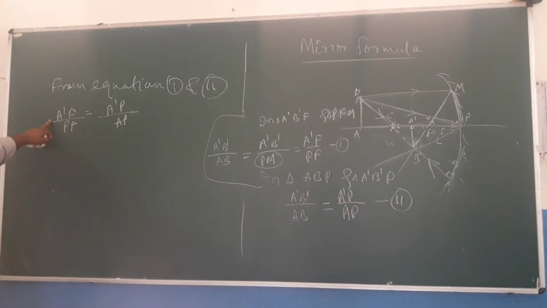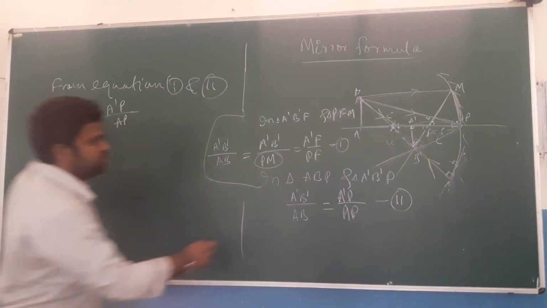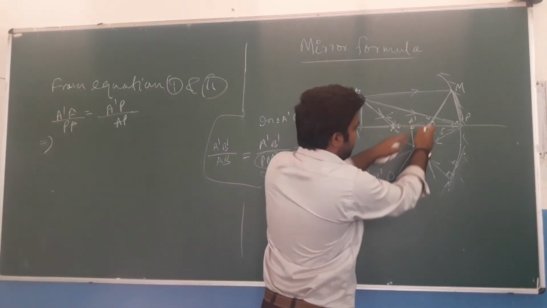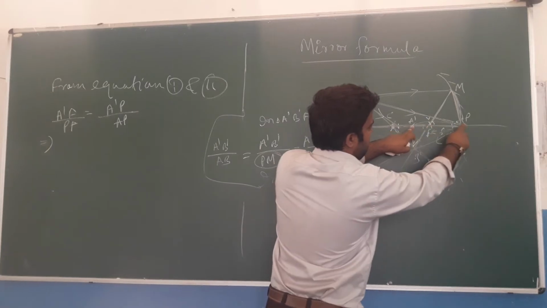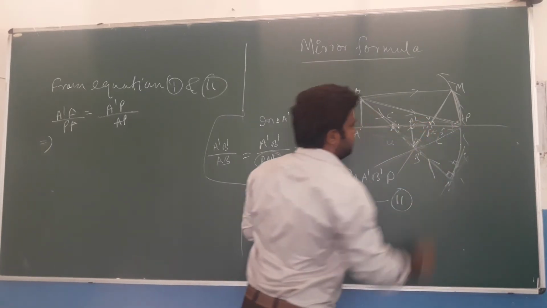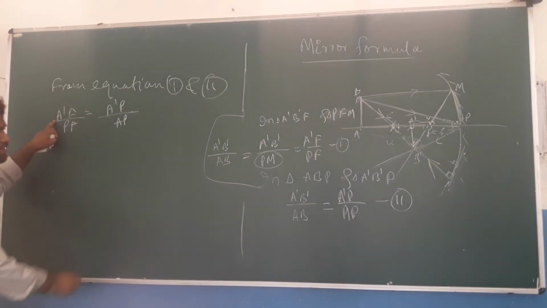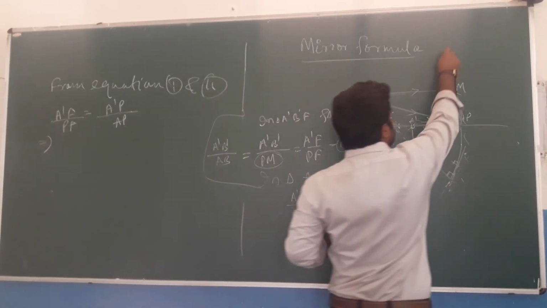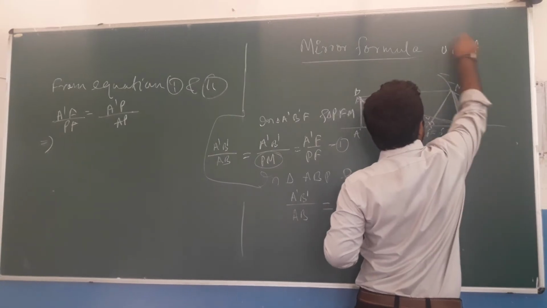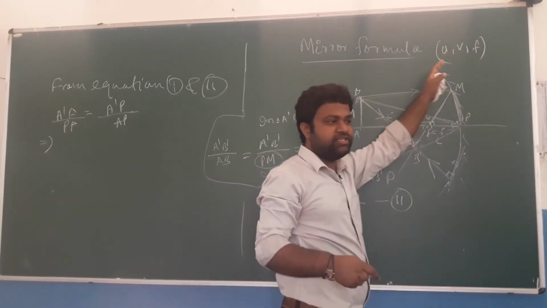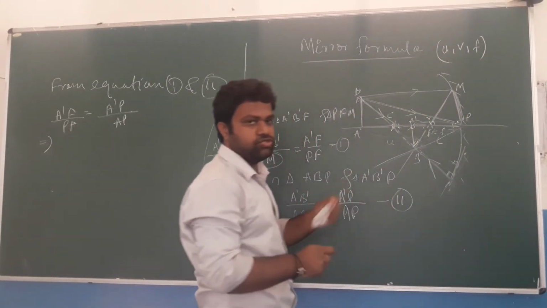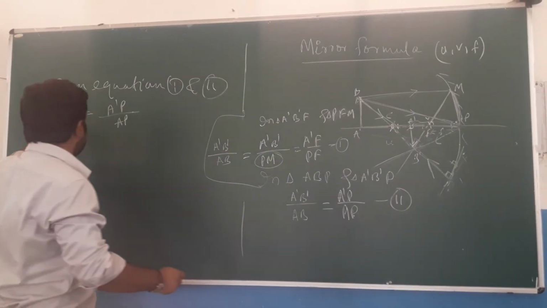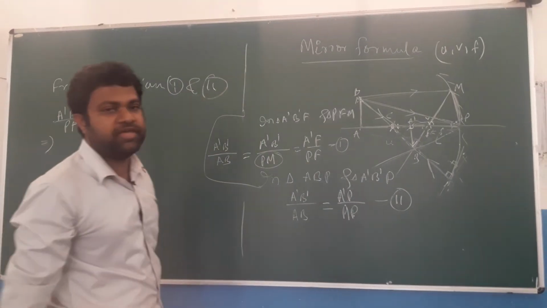Now what is A'P? Can I write this A'F as AP minus this one, so it will be remaining. I need a relationship between u, v and f. That's why my target is to change all the parameters into u, v and f.